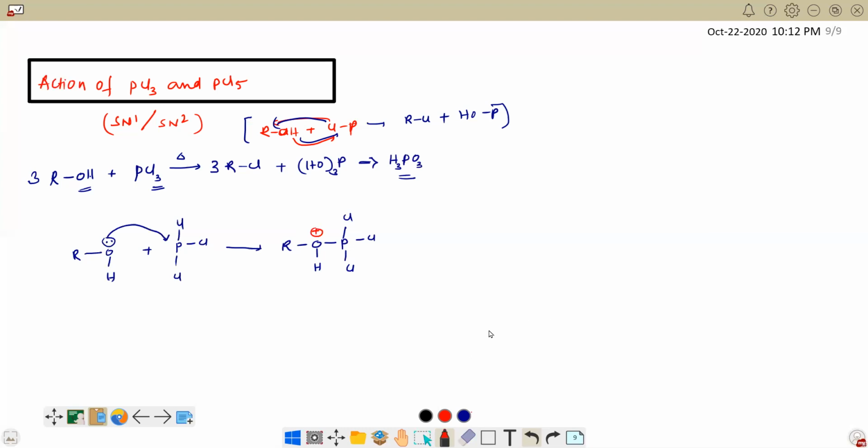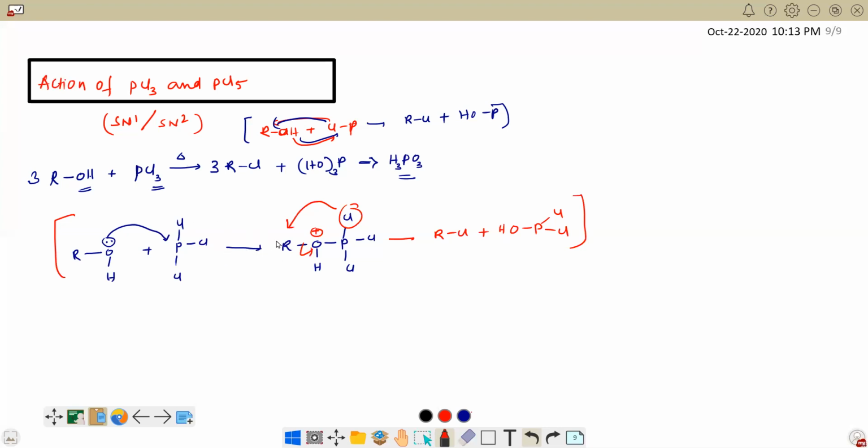Now this bond shifts here, and this chlorine leaves and immediately attacks this carbon. So we get RCl plus OH-PCl-Cl. Understood? Further two steps like this.